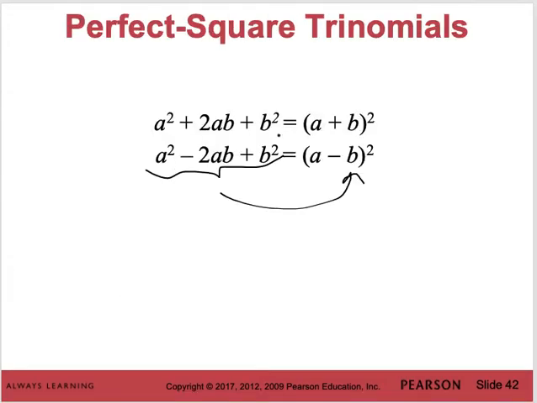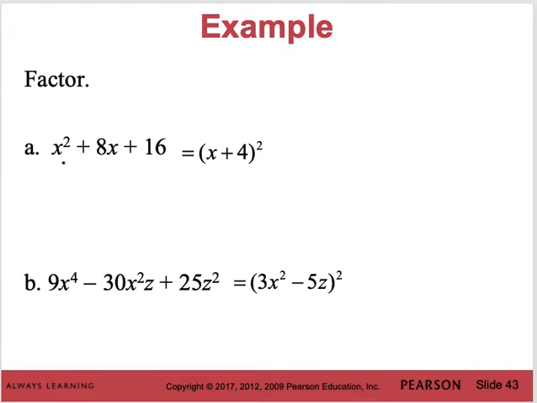So here's just an example. If we're looking back, it's a squared plus 2 times a times b plus b squared, which equals a plus b squared. So how do we figure out that this is a 4?